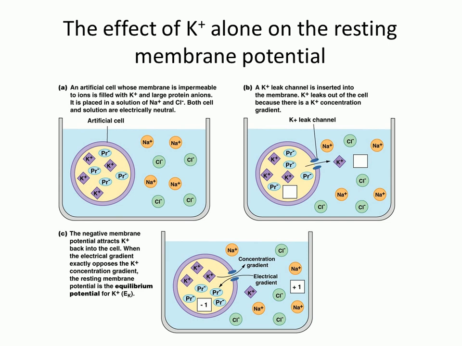So the chemical gradient favors movement in one direction. The electrical gradient favors movement in the other direction. And at some point, these two things, the electrical gradient and the chemical gradient, will reach some sort of balance. Where that balance is? Well, we can figure it out using a formula.